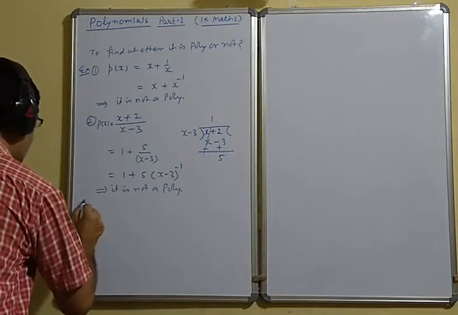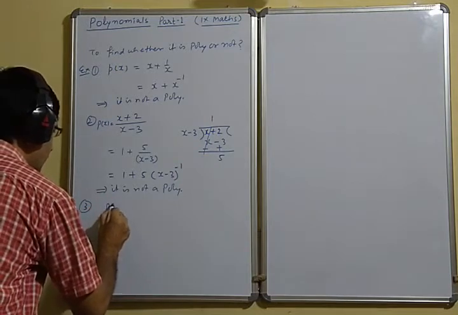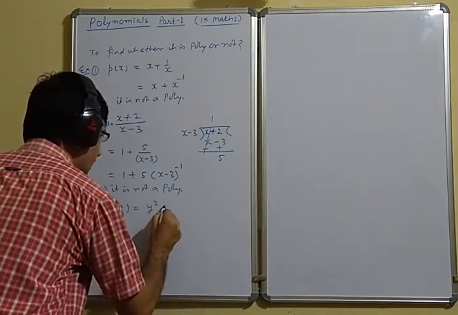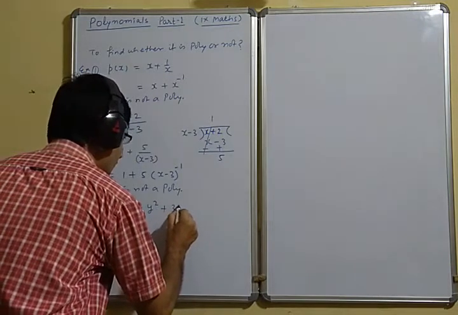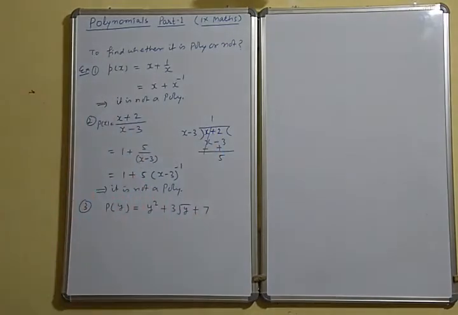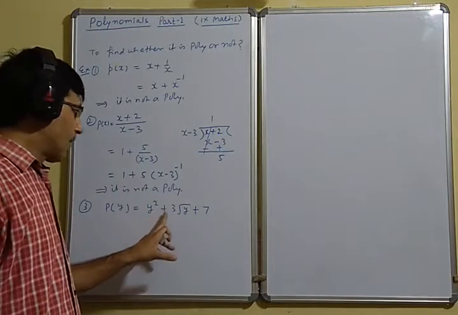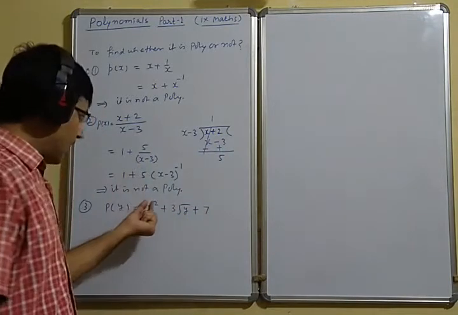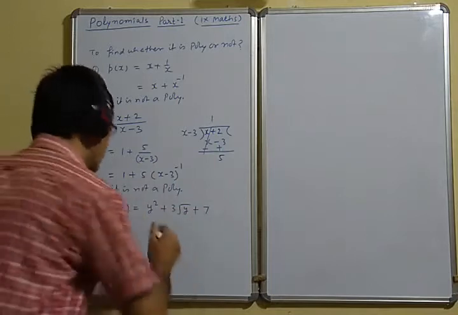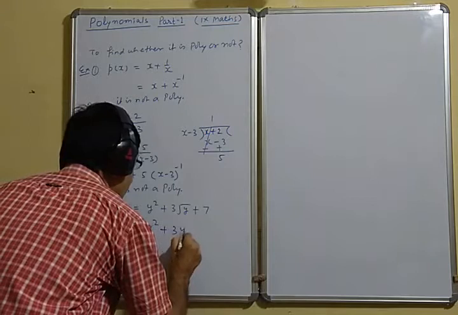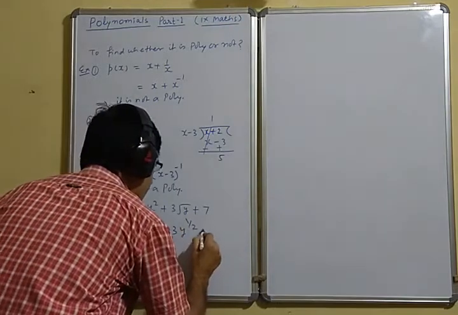Another example, p(y) is equal to y square plus 3 under root y plus 7. Here the powers are 2 and 7, so we can write it as y square plus 3 y raised to power half plus 7.